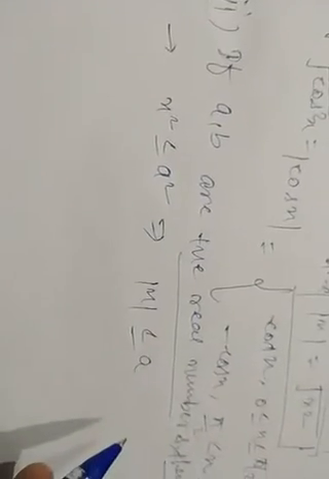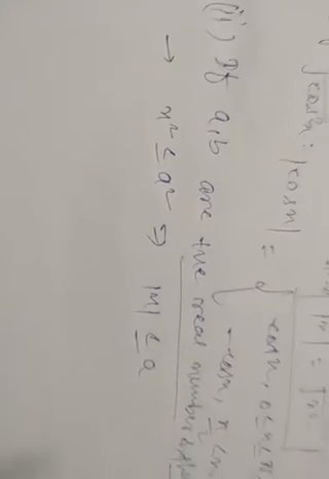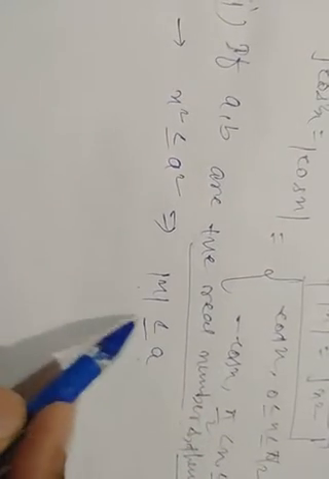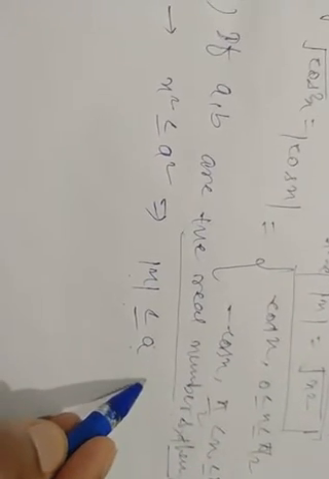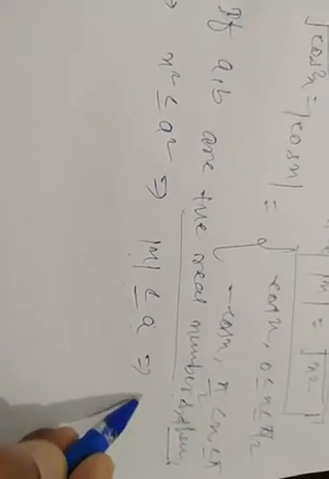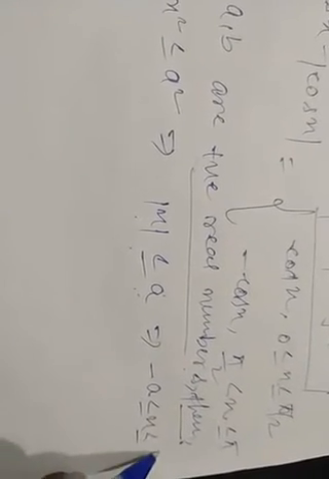If we take the square root on both sides, we get mod of x less than or equal to a. Less than or equal to a means what? This implies that minus a is less than or equal to x, less than or equal to plus a.